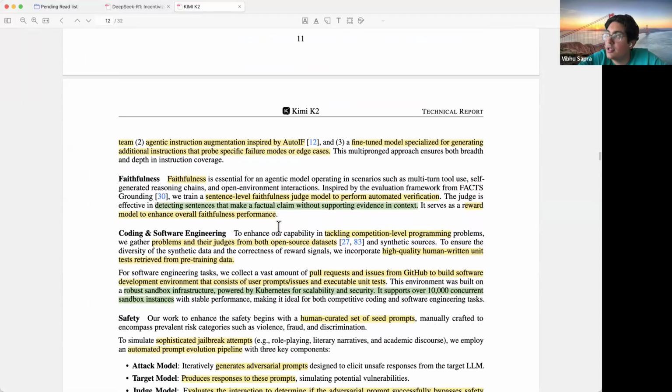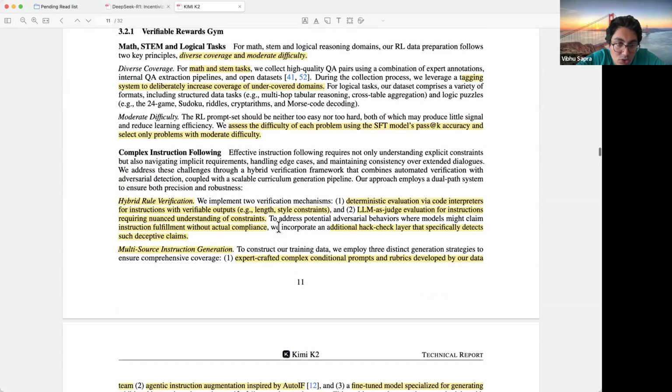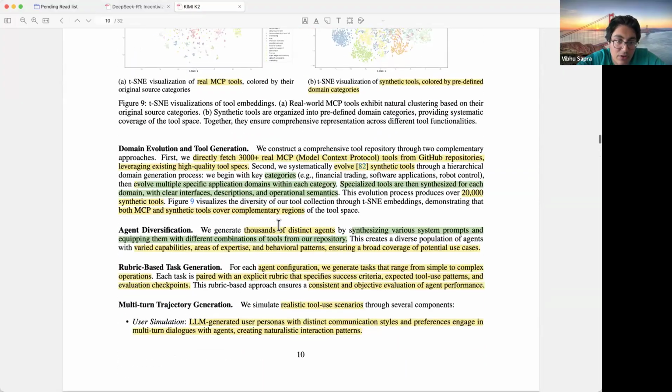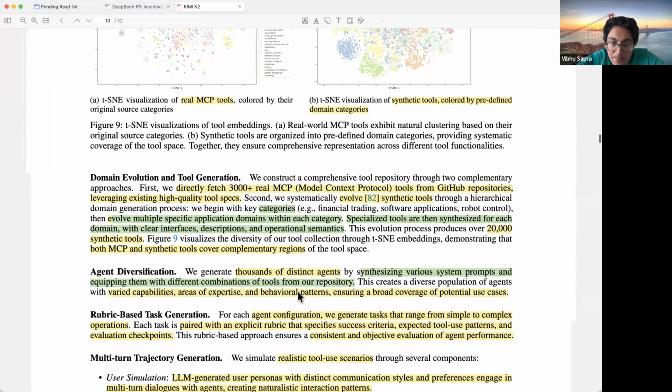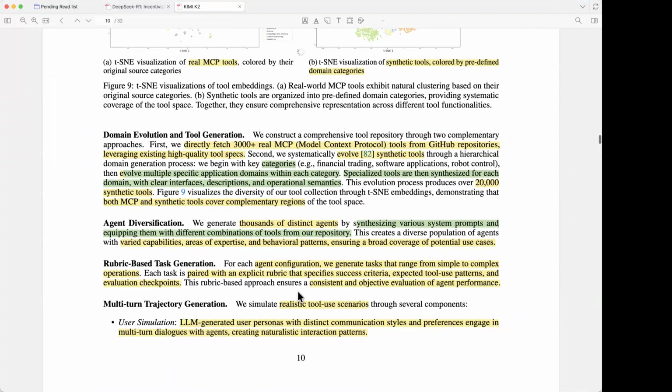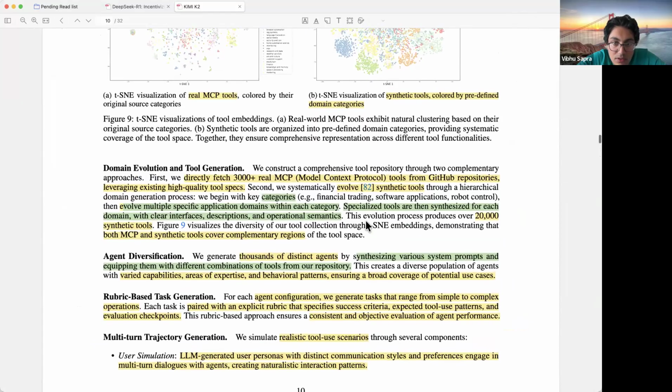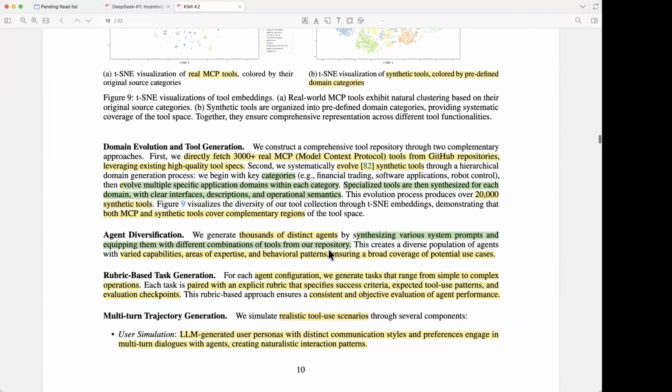So yes, you want diversity and being able to generalize and use different tools, but two, when they generate the agents themselves, they're given different tools. Okay, got you, that makes sense. You're saying they only present a certain number of tools, right? They're not given everything.